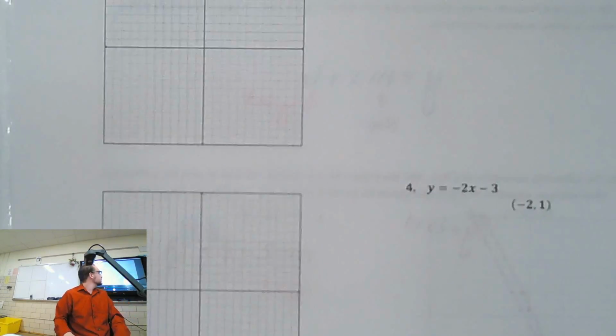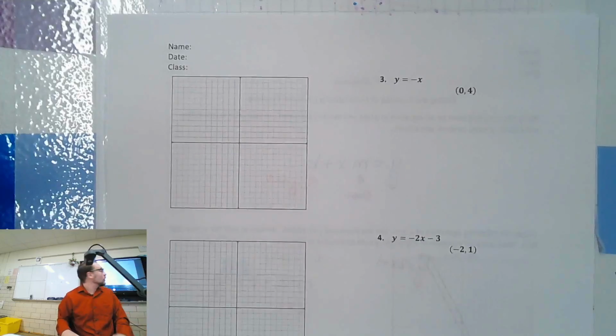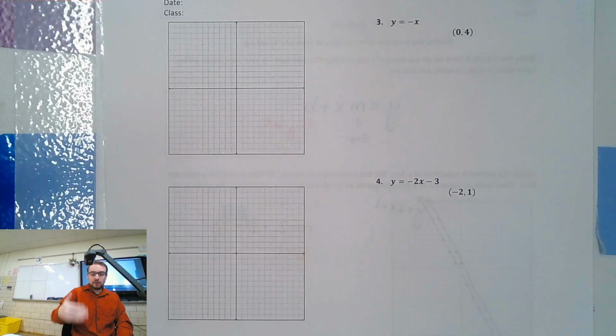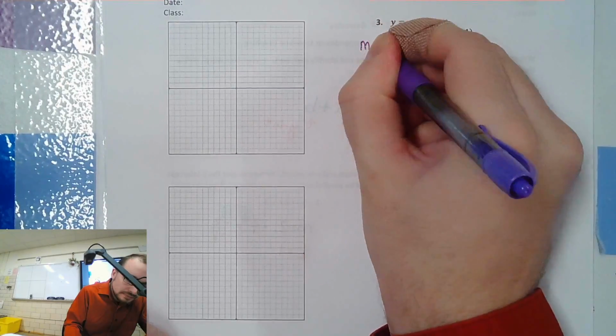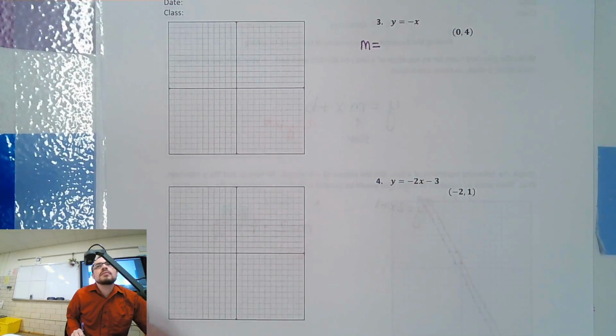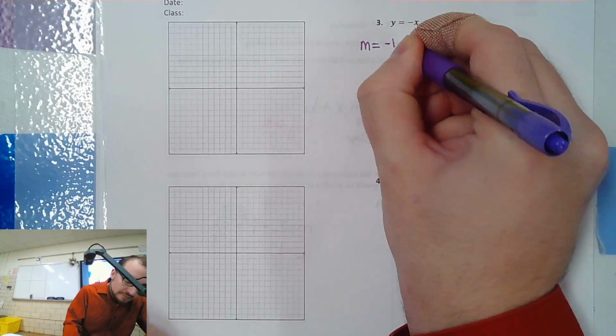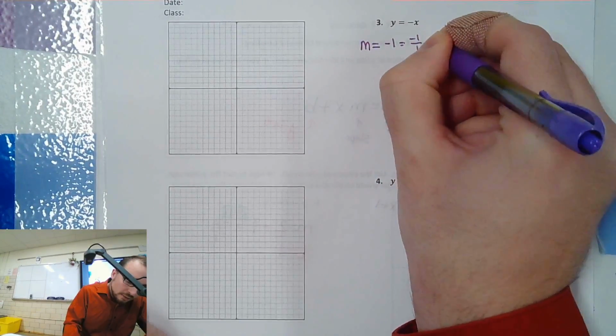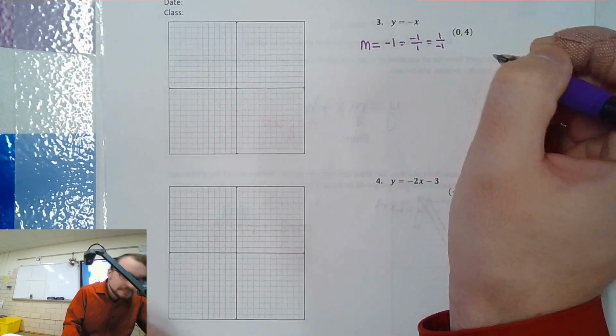All right, next 3 aren't too bad. Before we do, instead of doing 3, 4, 5, let's just answer a little bit of each question and then go back to them. So looking at number 3, what's the slope? Negative 1, yep. Which is the same thing as negative 1 over 1, or 1 over negative 1, right?